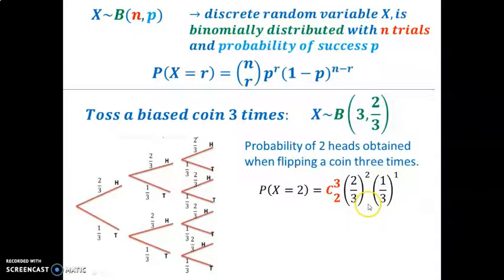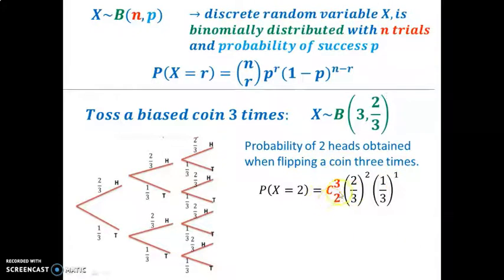Each of the 3 possible paths looks like this. If we're going to get 2 heads, we're going to have head, head, for example, so 2/3 times 2/3. So it's always the probability of success, raised to how many times you want that success to occur: 2/3 to the second power, because there'll be two of those in your multiplication. And then if you have two heads, there must be a tail, so a 1/3. That's the probability of failure, and that's one of those in the path.